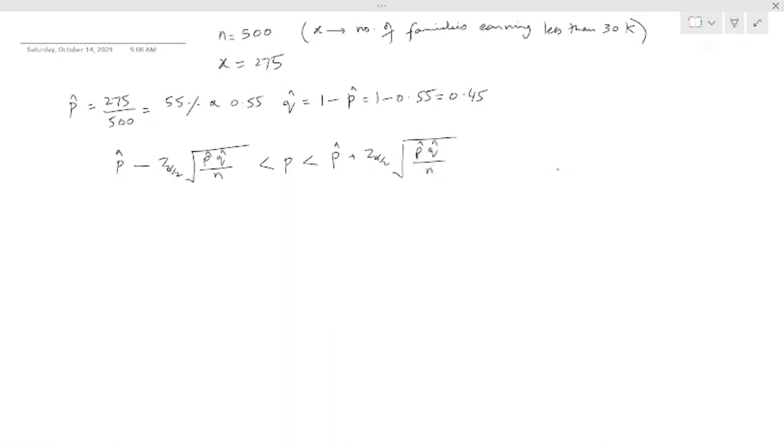This is the formula we use to determine the population proportion, the percentage of families in the entire population earning less than 30,000 rupees a month.